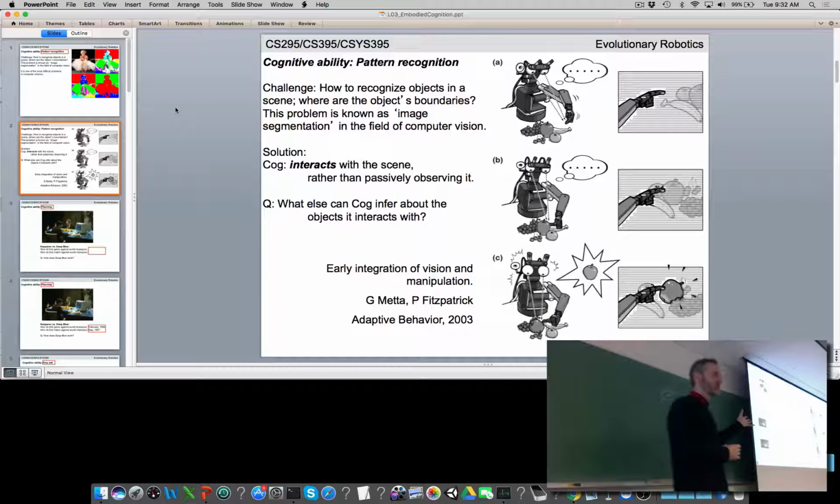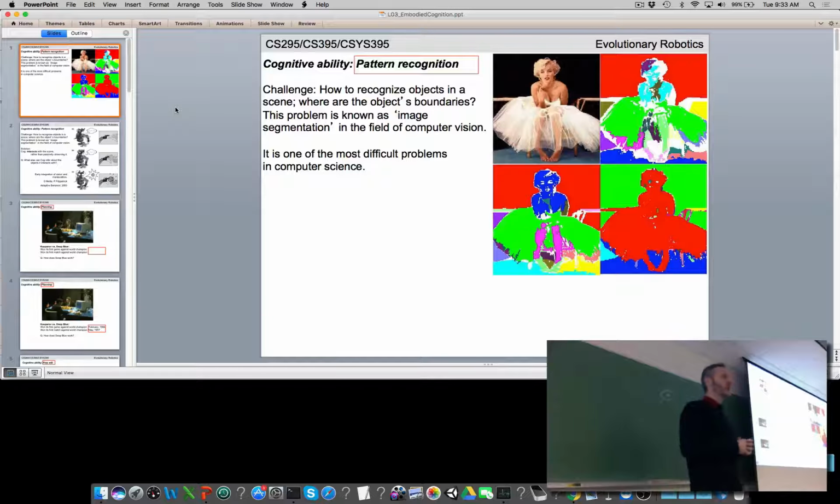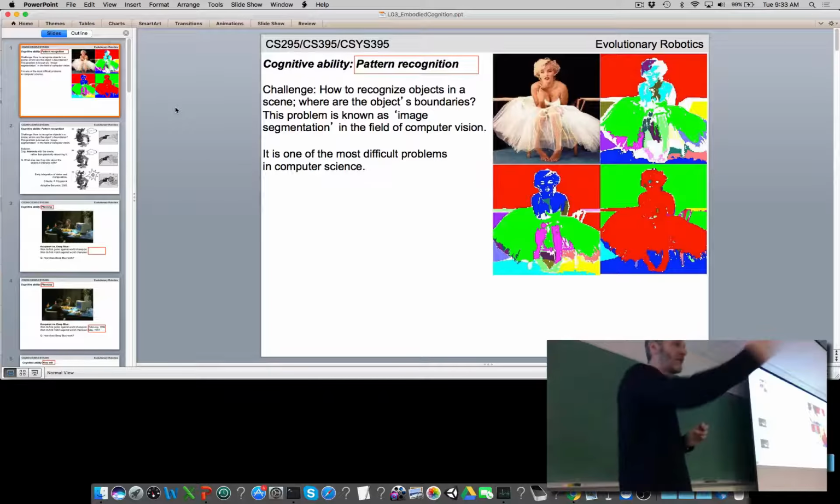Developmental psychology is the study of development, or how infants develop into humans, that it's these actions, these interactions with the world that provide the raw material that allow infants and then toddlers and then adults to gradually be able to recognize and infer properties of external objects without having to interact with them.